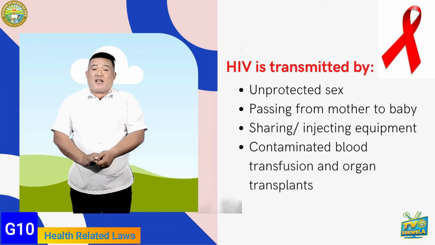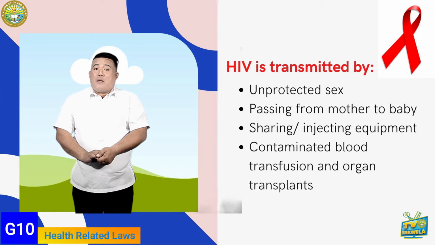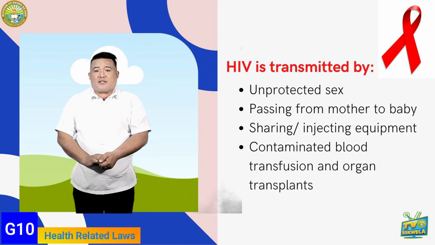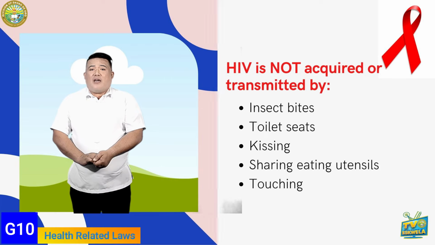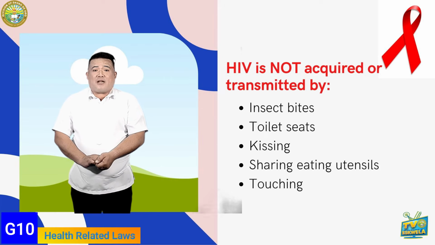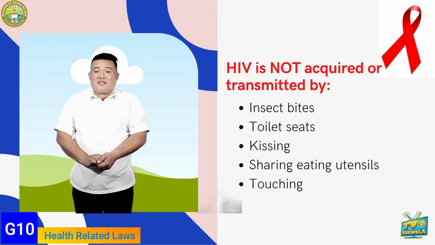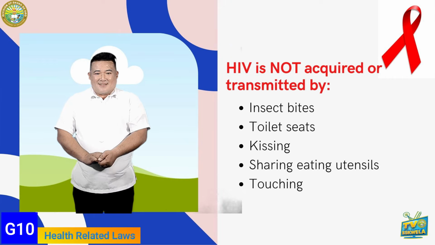HIV is transmitted by unprotected sex, passing from mother to baby, sharing injecting equipment, contaminated blood transfusion, and organ transplants. HIV is not acquired or transmitted by insect bites, toilet seats, kissing, sharing eating utensils, touching.